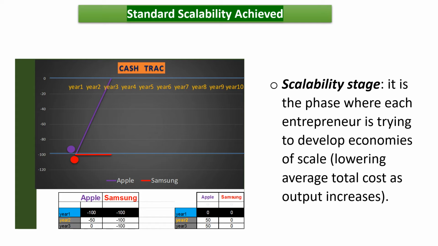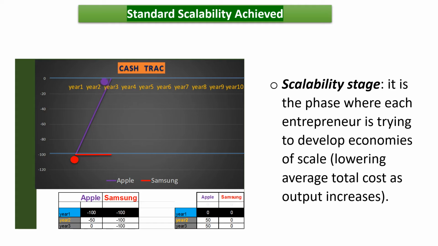So the standard scalability achievement is illustrated here on our business graph. By definition, scalability is the phase where each entrepreneur is trying to develop economies of scale. That means lowering average total cost as output increases.